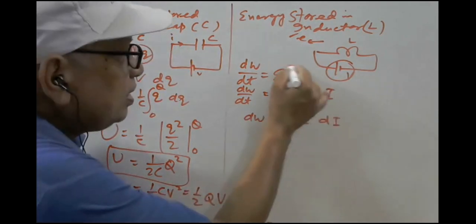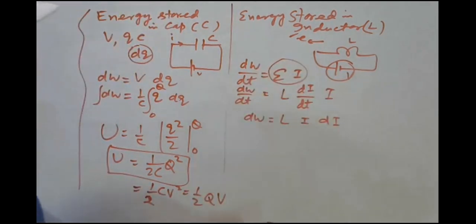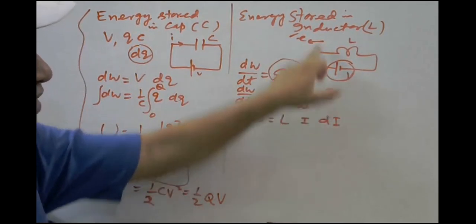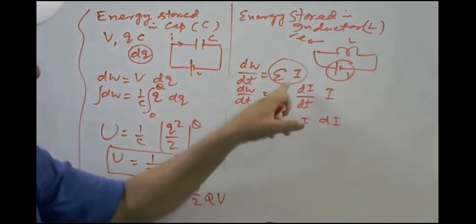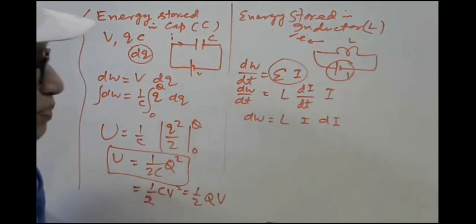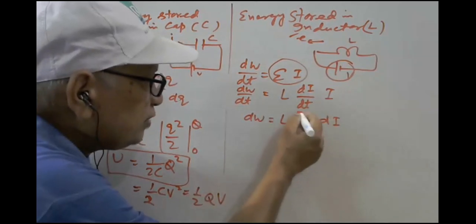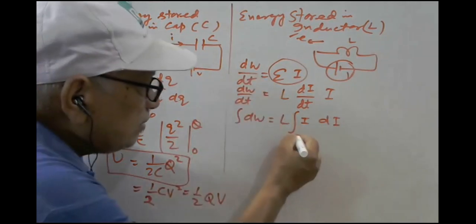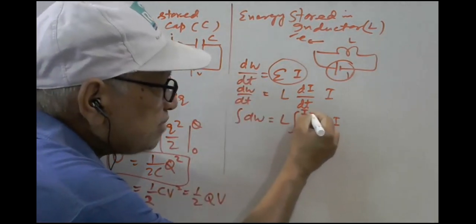Just tell me, this is what? Power. So E is what? L di by dt, as induced EMF formula is L di by dt. We are ignoring the sign, and minus will become plus also. So to find out the total energy stored in the inductor, we take the limit 0 to maximum value.